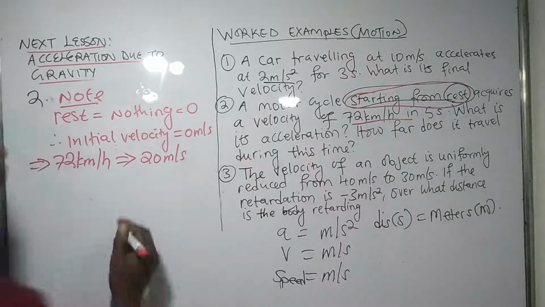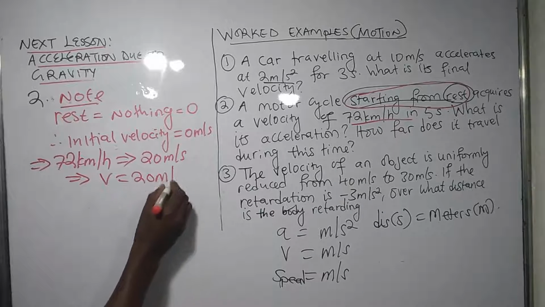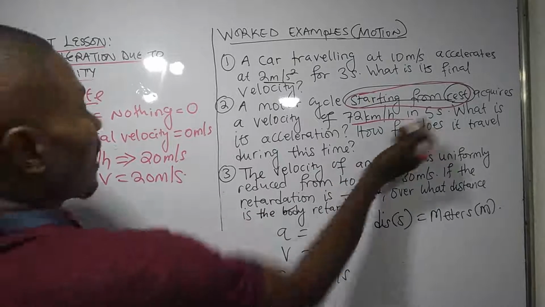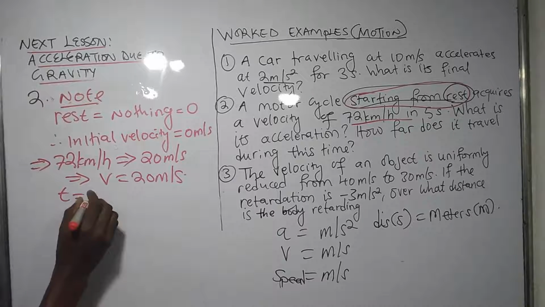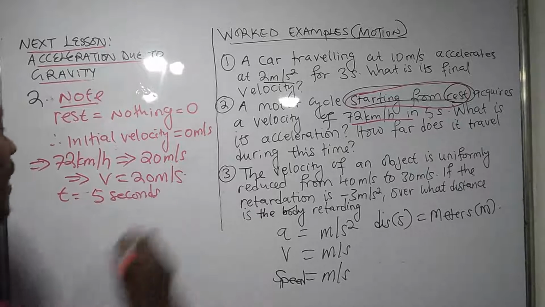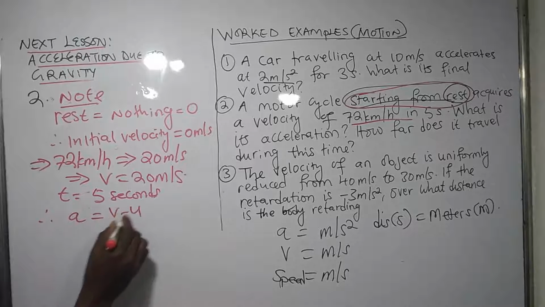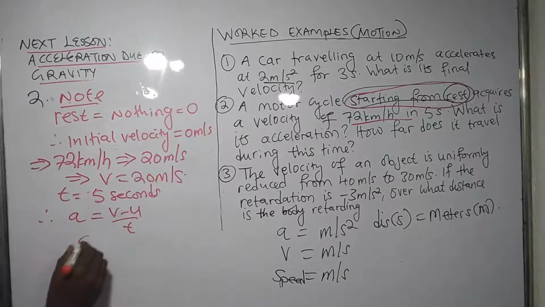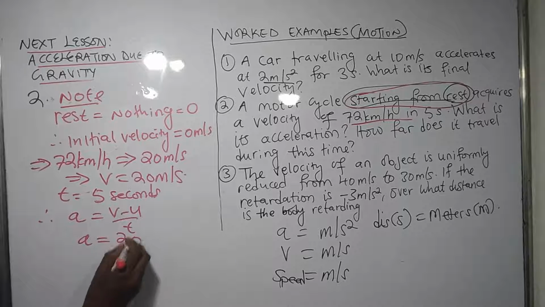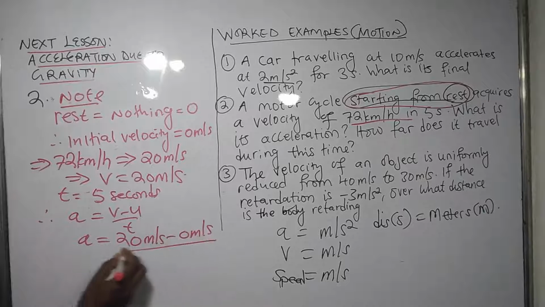Okay, so now in 5 seconds, so the time equals 5 seconds. And then what is its acceleration? Acceleration equals v minus u over t. So acceleration is equal to 20 meters per second minus 0 meters per second over 5 seconds.